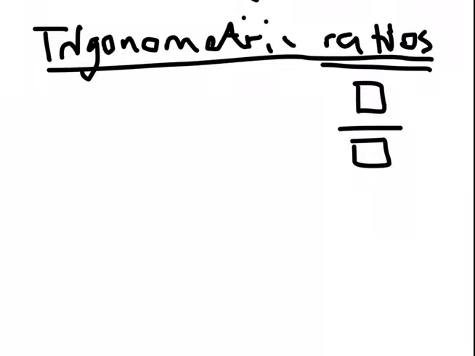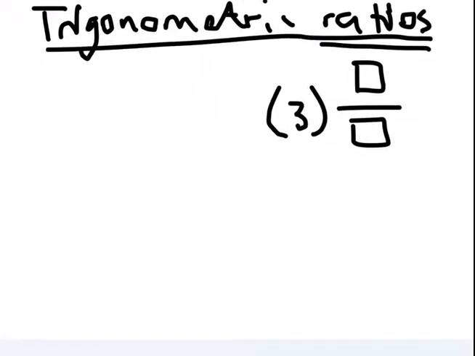Since a triangle has three sides, we can therefore have three ratios that we can talk about. What are those ratios?